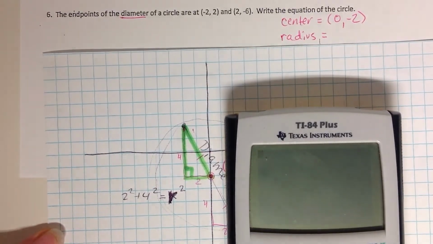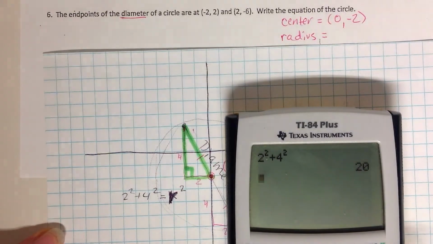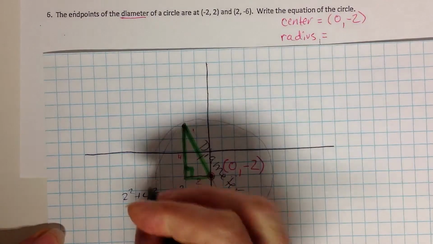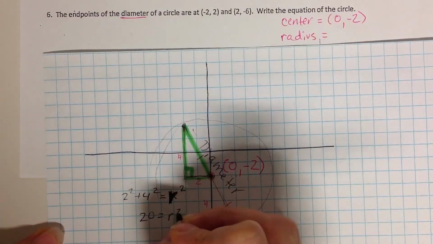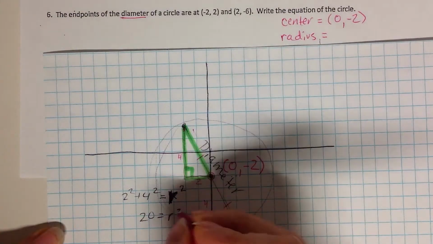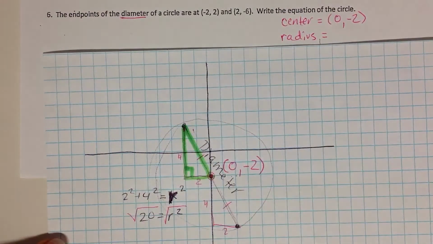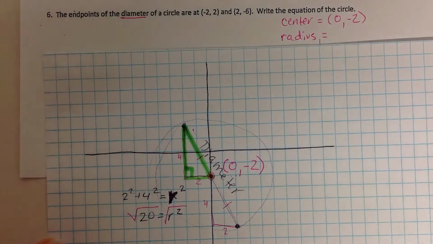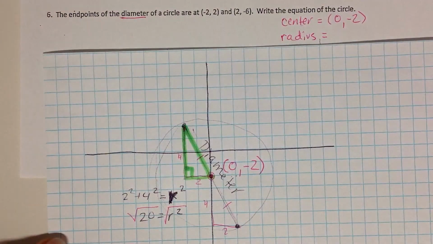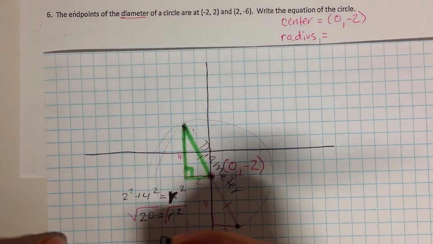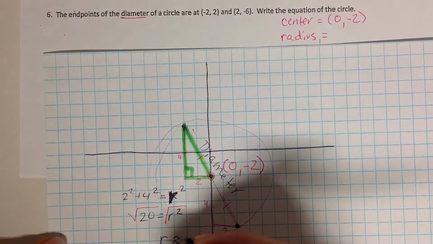So I'm going to do 2 squared plus 4 squared, and that's 20. So I have 20 equals radius squared, so I'm going to square root to find my answer. It's about 4.5. Radius is close to 4.5.